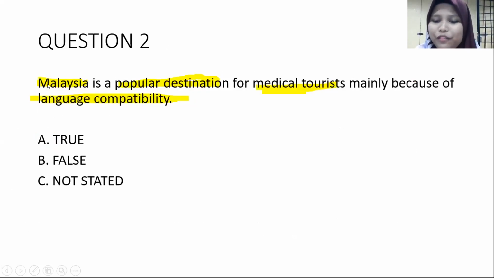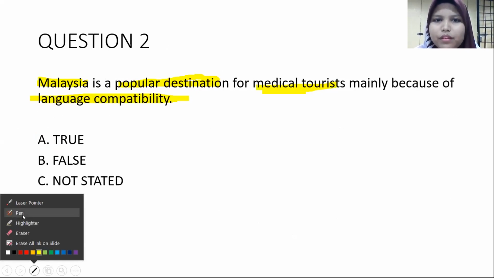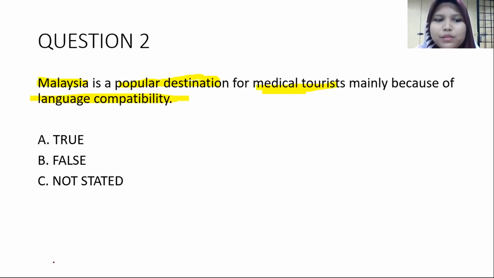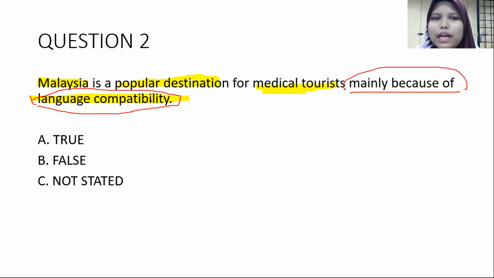We cannot find the words language compatibility, right? We cannot find this word, which is claimed to be the main reason why Malaysia is a popular destination for medical tourists.